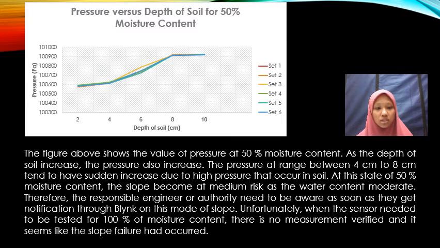Therefore, the responsible engineer or authority needs to be aware as soon as they get the notification through Blynk on this mode of slope. Unfortunately, when the sensor was tested for 100% moisture content, there was no measurement verified and it seems like the slope failure had occurred.